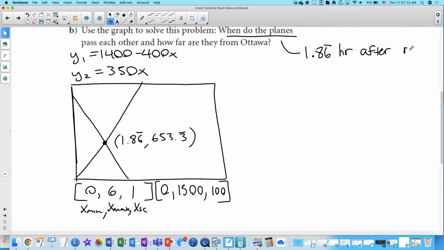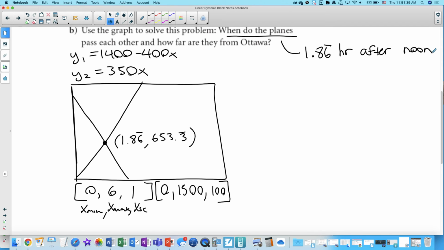Afternoon, I think it was Regina time, right? Well, we don't usually talk about time as like 1.87 hours afternoon. We usually talk about hours and minutes. So how would we convert this? I mean, 1 hour afternoon is 1 p.m. But what about the 0.86 repeating hours afternoon? How do we convert that to minutes? What do you think? Yeah? Would you multiply it by 60?